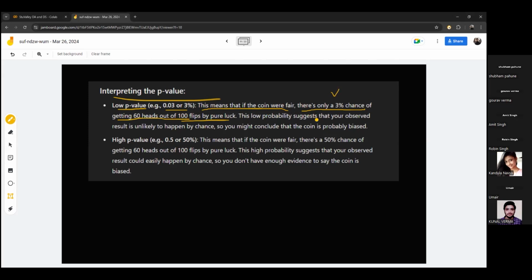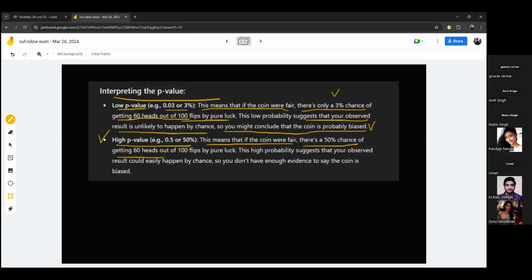This low probability suggests that your observed result is unlikely to happen by chance. So you might conclude that the coin is probably biased. A high p value, for example 50%, means that if the coin were fair, there is a 50% chance of getting 60 heads out of 100 flips.